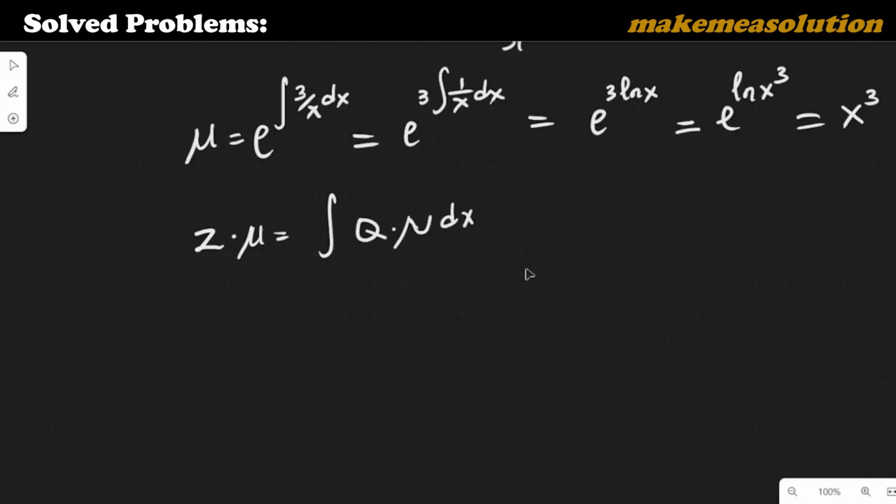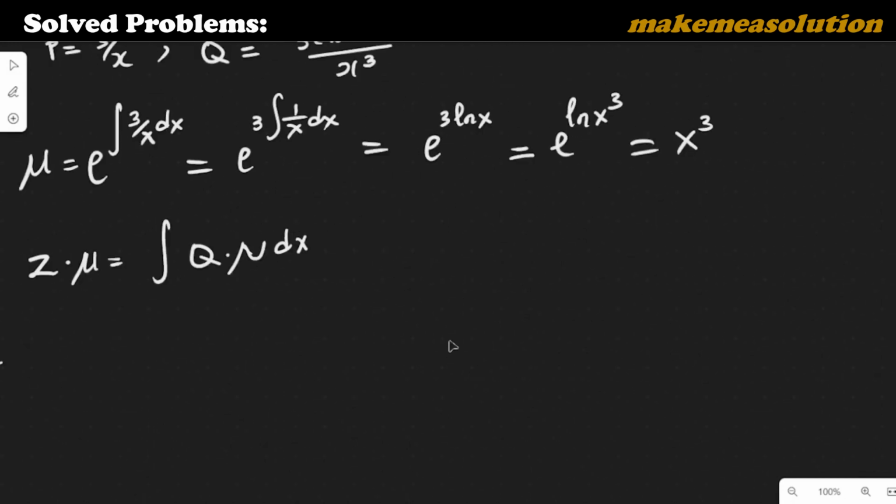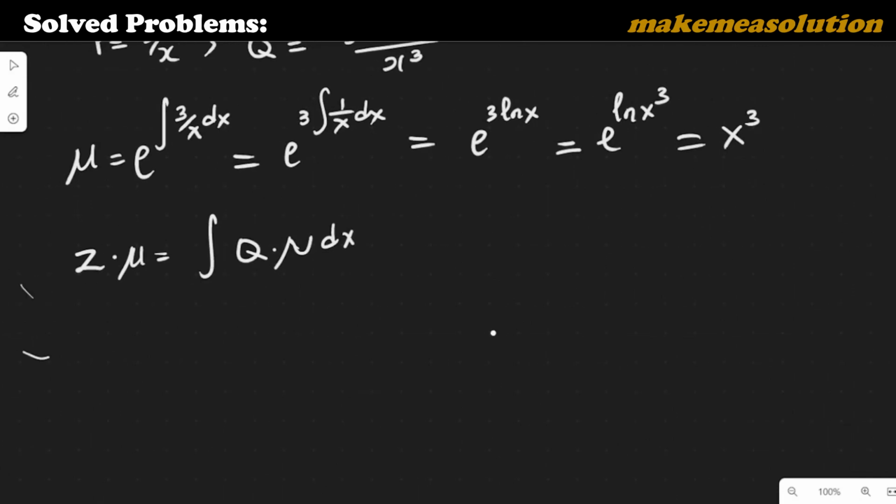Using this formula, we have z multiplied by the integration factor, x cubed, is equal to the integral of q. Q is cos x over x cubed, multiplied by our mu, which is actually x cubed. Is that okay? Then dx.